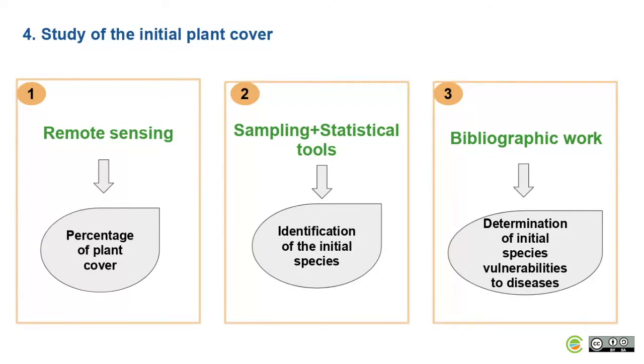And once they are known, as seen this morning, there are some species that are vulnerable to some kind of diseases. So the last step is to do, for example, a bibliographic work in order to determine the initial species vulnerability to diseases.